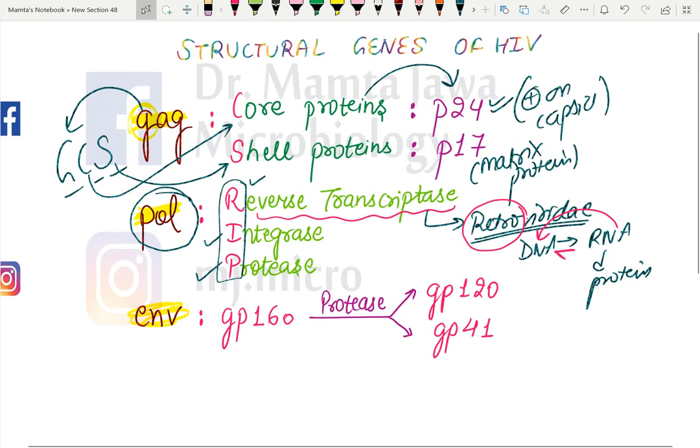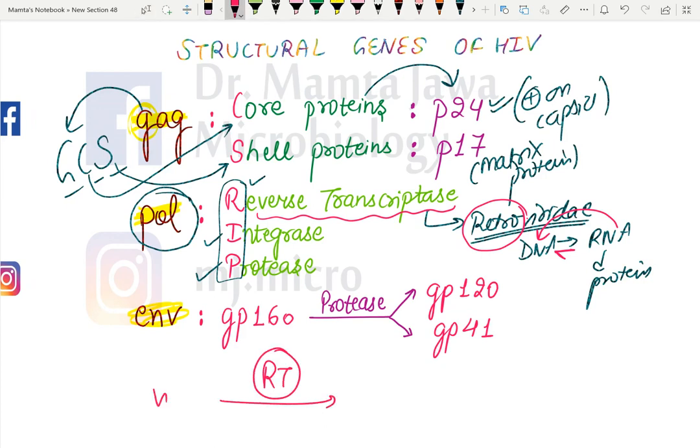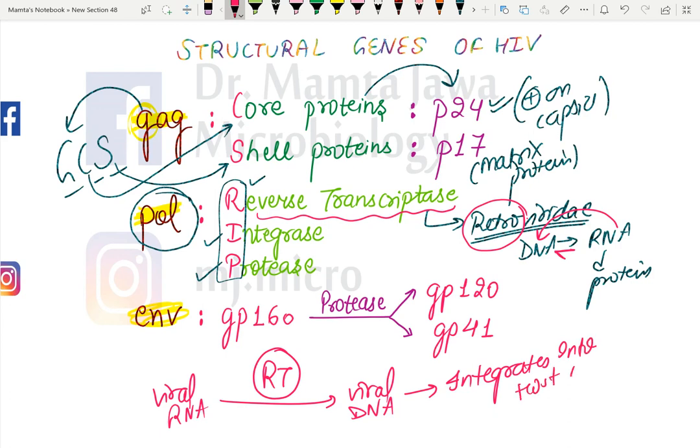So this enzyme is going to do what? The reverse transcriptase, that is RT enzyme, is going to change the viral RNA into viral DNA, and this viral DNA has got sticky ends, and that is why it is able to integrate itself into the host DNA.